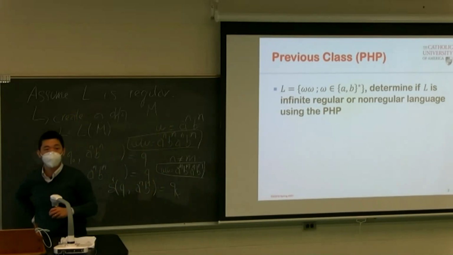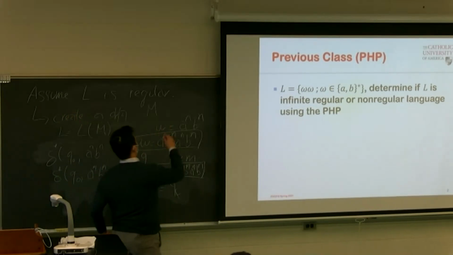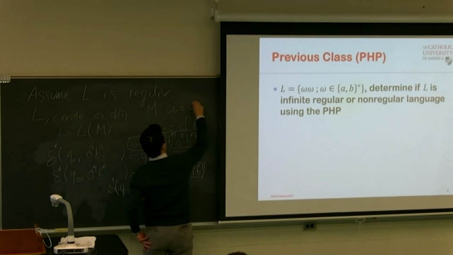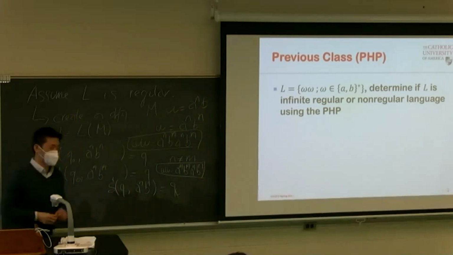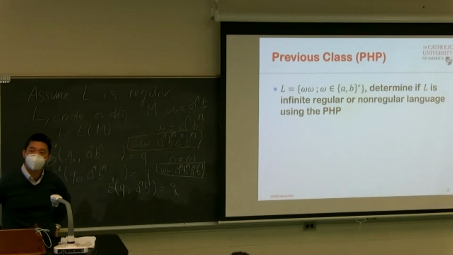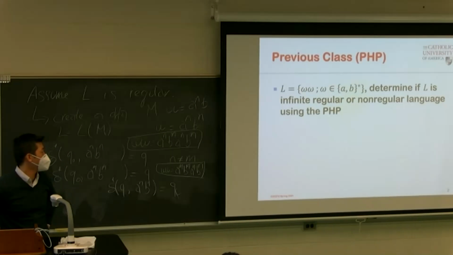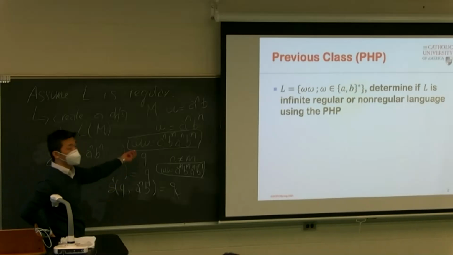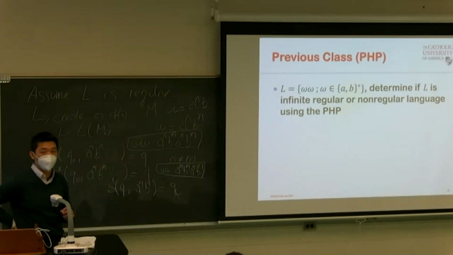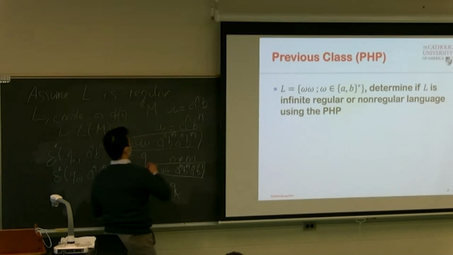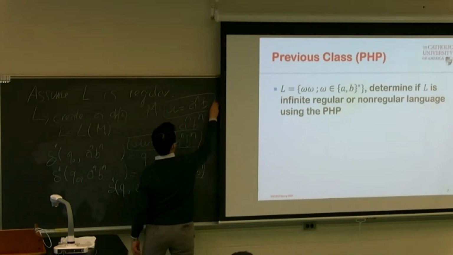There's another string. Another easy one would be W is A to the N, B. To show it by the pigeonhole principle, this one is fine, but we can make an easier argument if we use this one.